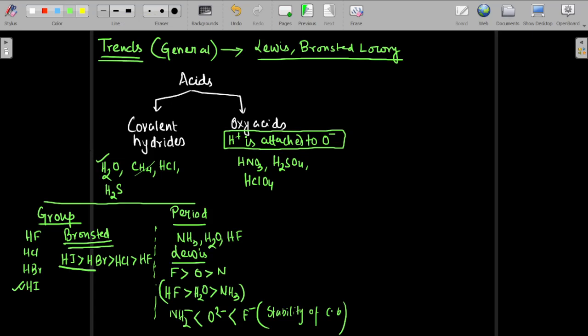Okay, so first you have to understand what are the factors that are going to affect the acidity of oxyacids. Number one is size. Size of what? Size of the central atom. Central atom means here it is nitrogen, here it is sulfur, here it is chlorine.